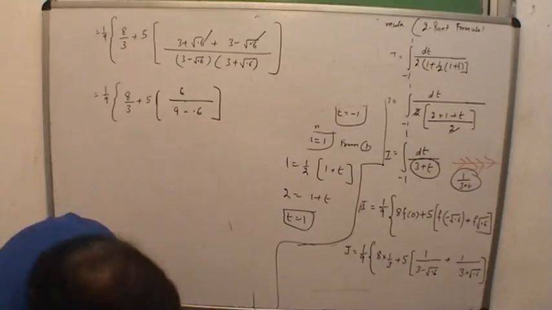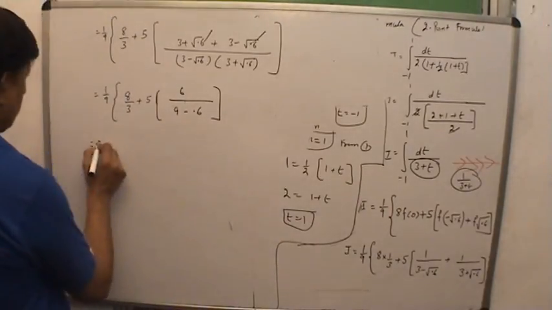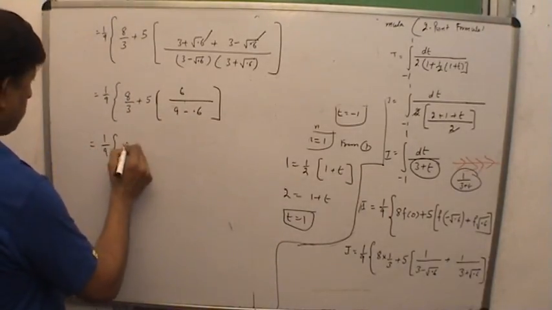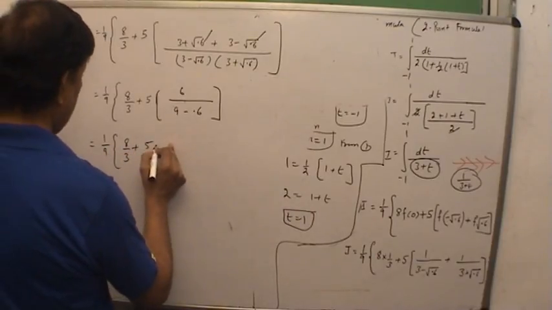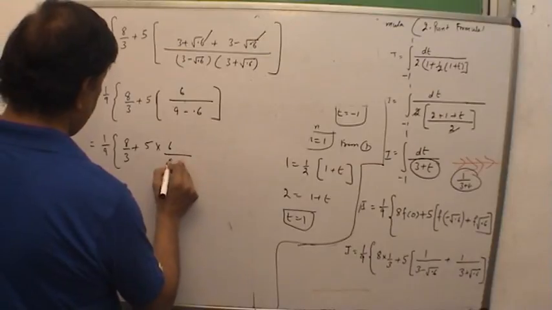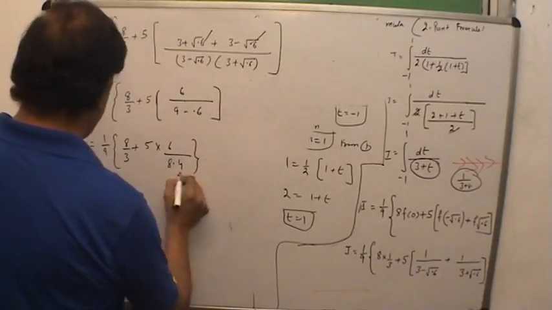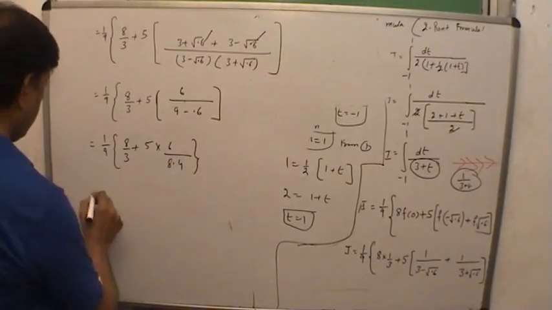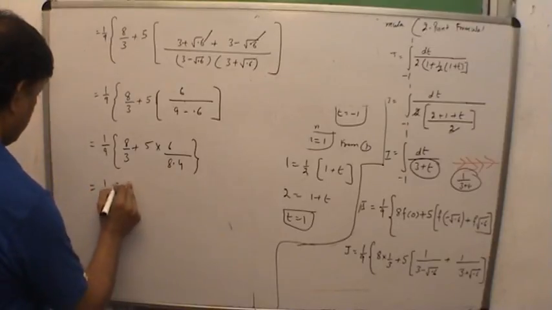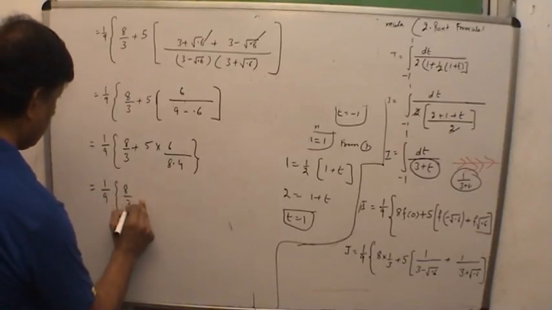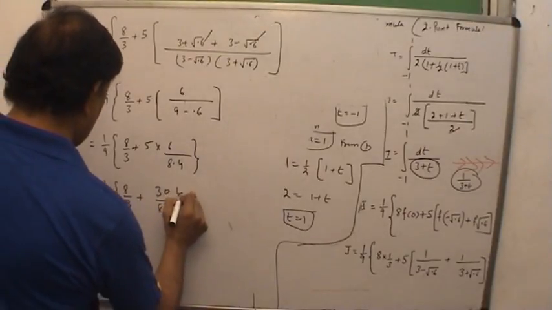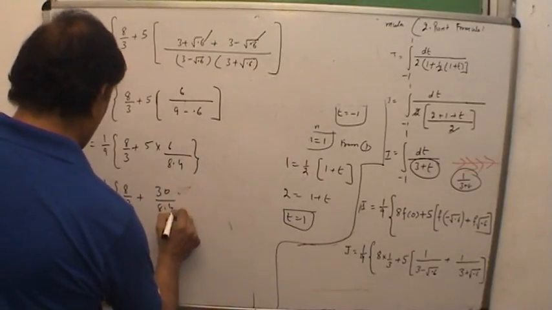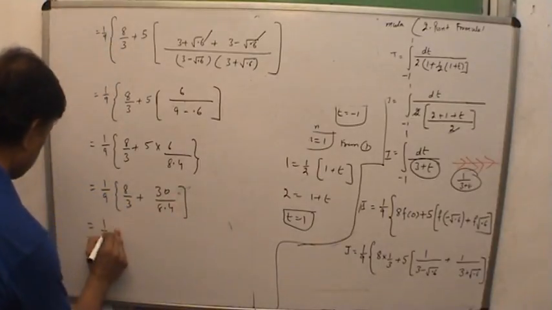And that's equal to 1 by 9 into 8 by 3 plus 5 times 6 upon 8.4. That is equal to 1 by 9 into 8 by 3 plus 30 upon 8.4. And that's equal to 1 by 9.